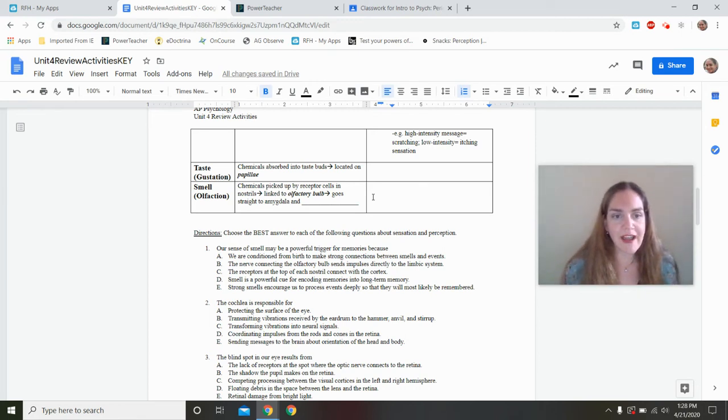Okay, gustation. Gustation deals with the fact that we have taste buds, located on mushroom-shaped bumps known as the fungiform papillae. The taste buds enable the liquid to be tasted, a chemical sense.